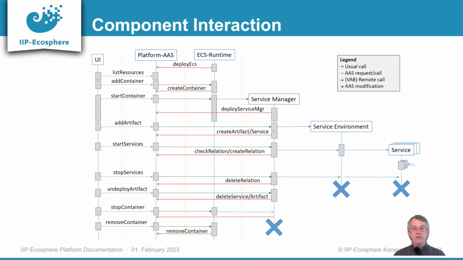Then, how you deploy the service manager of the platform and create and add services and/or artifacts in the service environment via the service manager. Start the services in the service environment, and subsequently, once the services are not needed anymore, it is shown how you can stop the services and undeploy services and artifacts, and finally stop and remove the containers in which the services and artifacts were deployed. It's also shown how the central platform AAS is involved in the coordination of all of these steps.